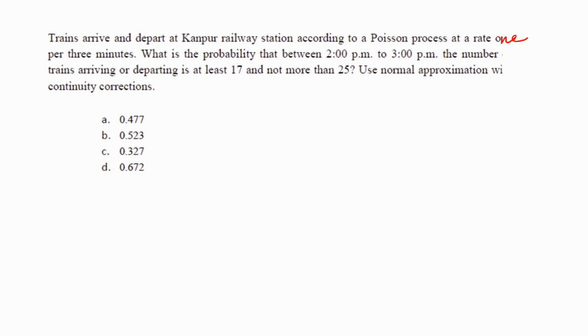Okay. So now x is following what? 1 per 3 minutes. So the rate is 1 by 3, and for Poisson, mean and variance are the same. So it will be 1 upon 3, 1 upon 3. Okay. So between 2 to 3 p.m., it is the difference of 1 hour.